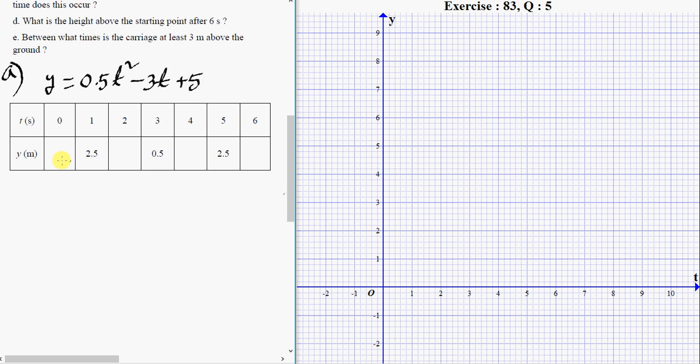Now using calculator, if t equal to 0, y will be 5. If t equal to 2, y will be 1. If t equal to 4, y will be 1 again. And if t equal to 6, y will be 5.